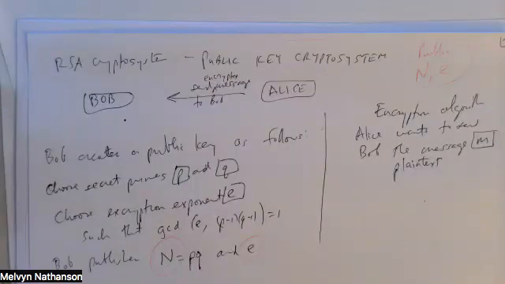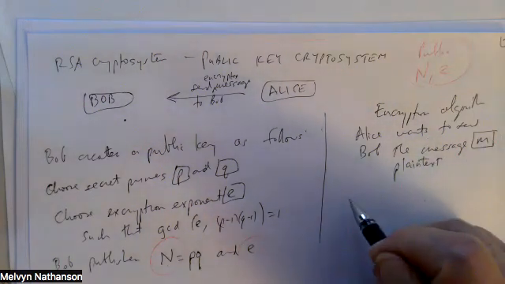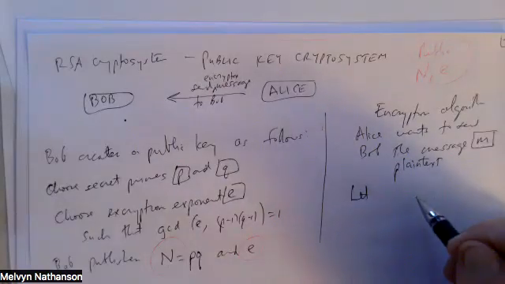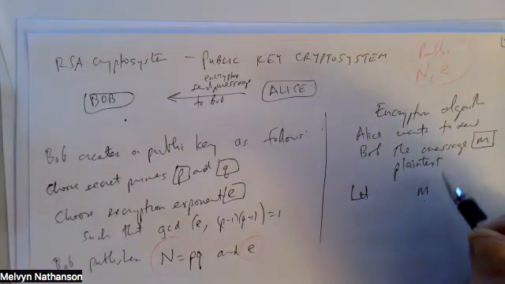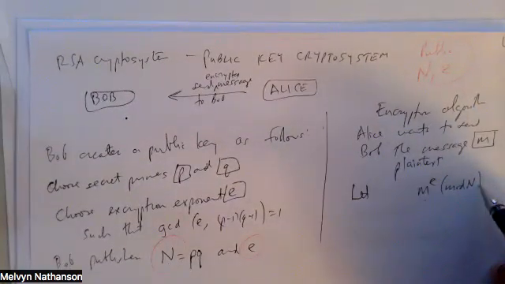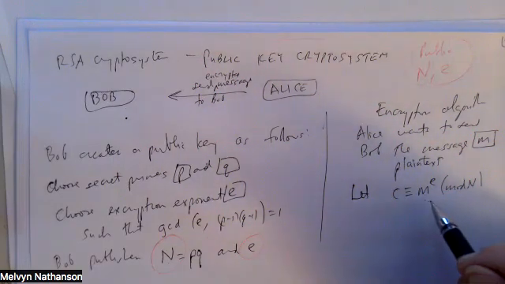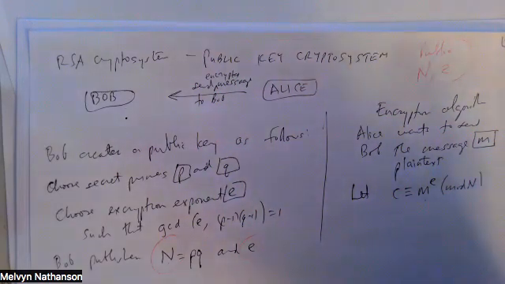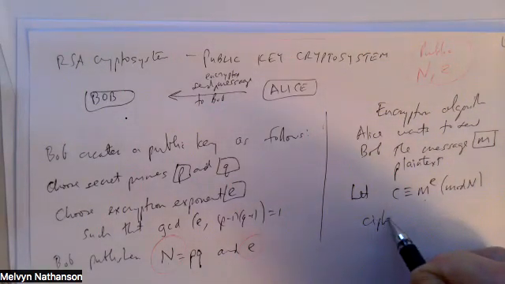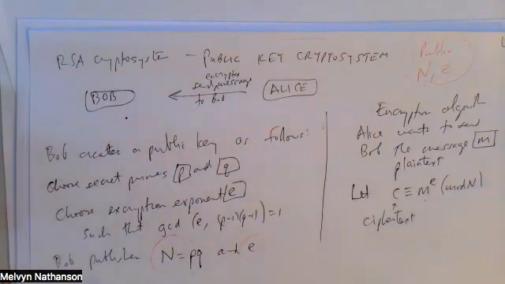So she has to encrypt the number M. Let her calculate M raised to the power E mod N, and let C be congruent to M to the E mod N. So this is how you encrypt your message. This is the ciphertext, C.